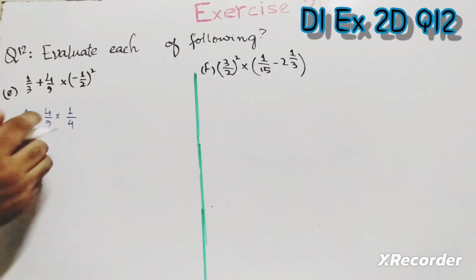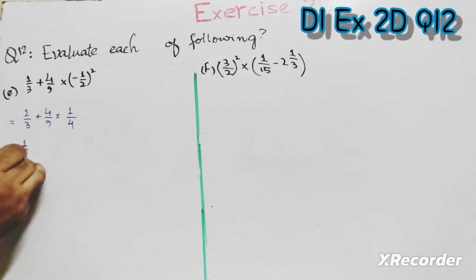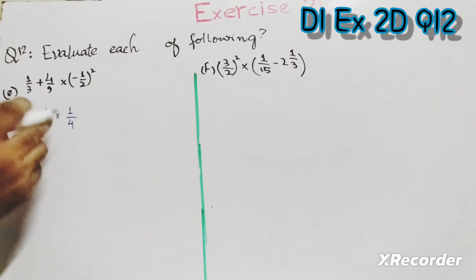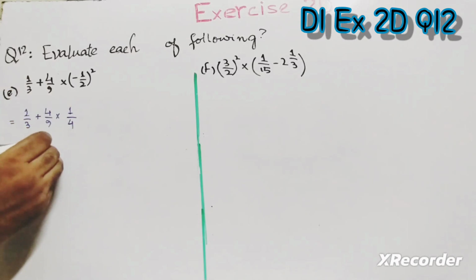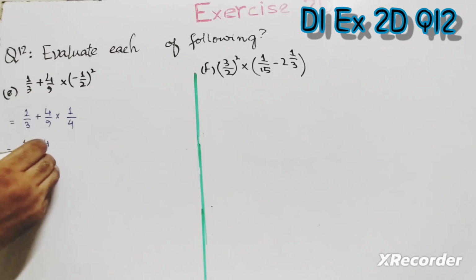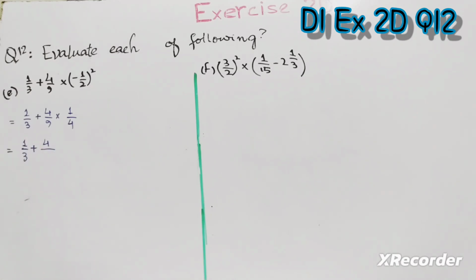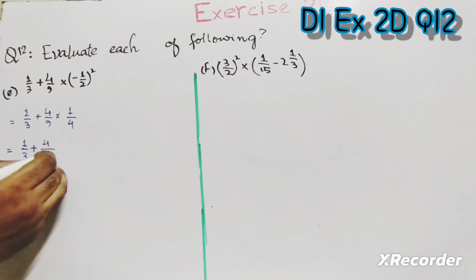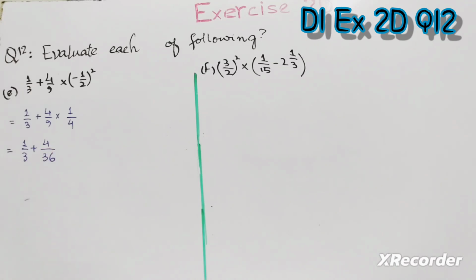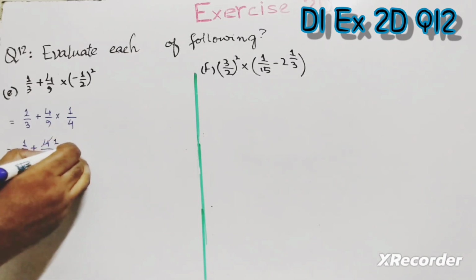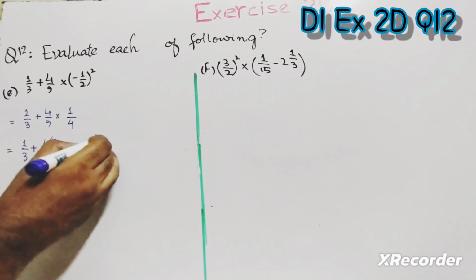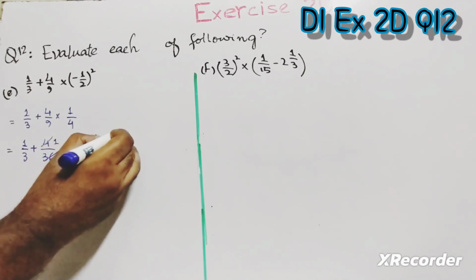1 upon 3 plus. Now we have to multiply these two fractions. 4 times 1 is 4 and 9 times 4 is 36. Now we can cut out these two numbers. 4 times 1 is 4, 4 times 9 is 36, so what we get is 1 upon 3 plus 1 upon 9.